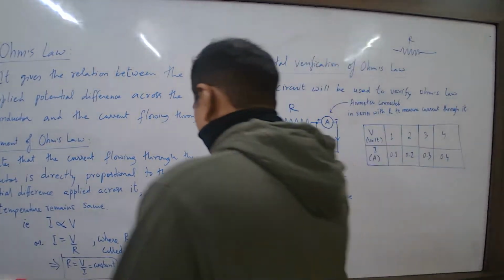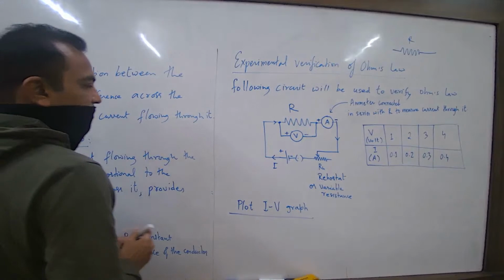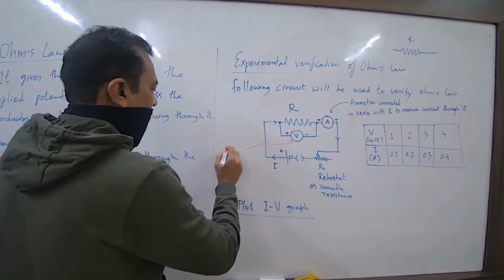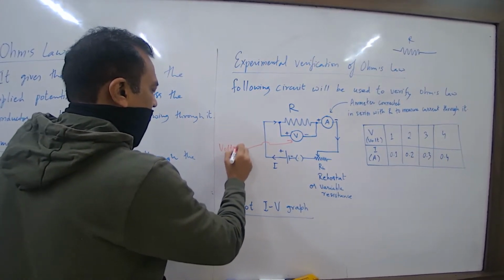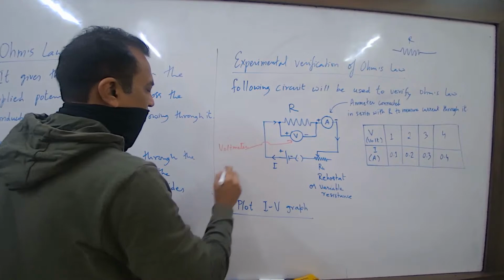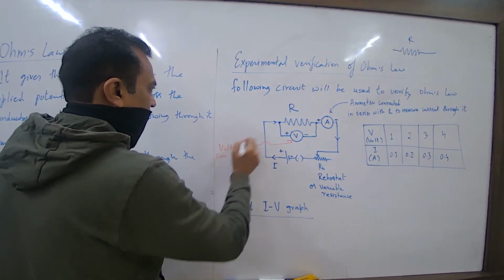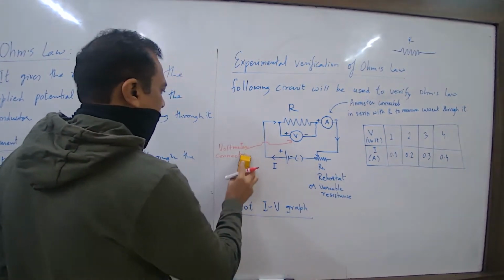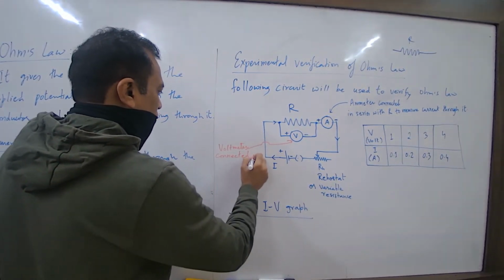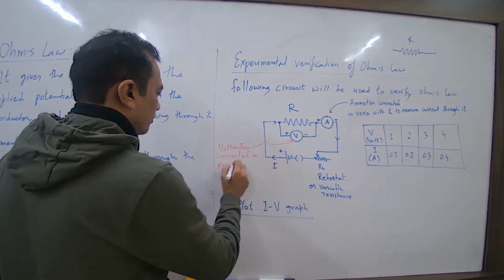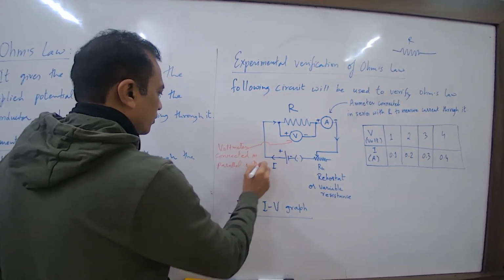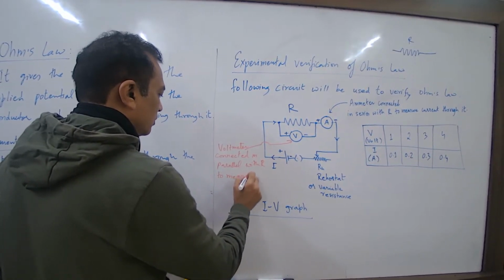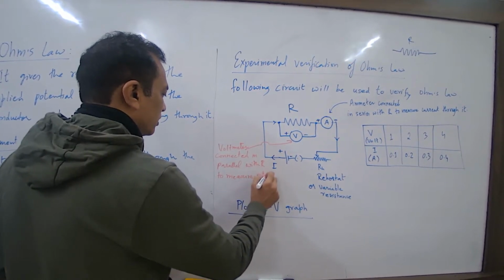What is V? It is a voltmeter, connected in parallel with R. Remember how it is connected: in parallel with R, to measure the potential difference across it.